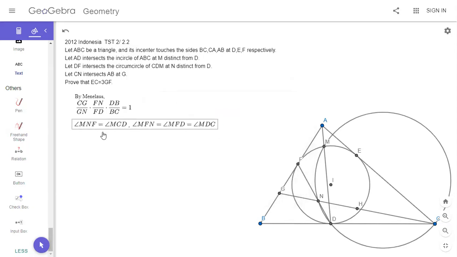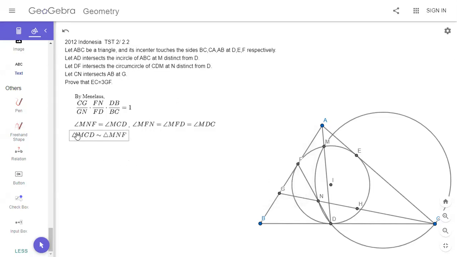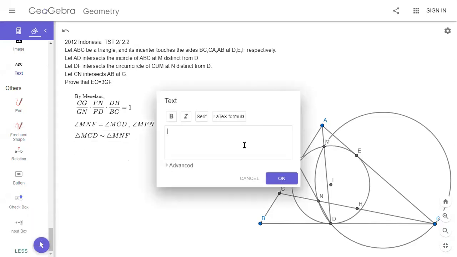And so MCD is similar to MNF. And then, so we have FN over CD is equal to FM over MD.